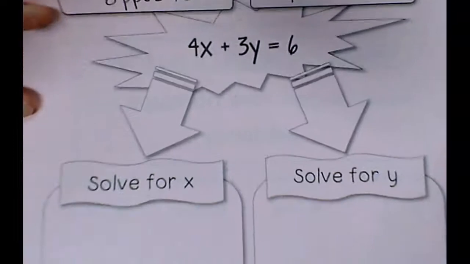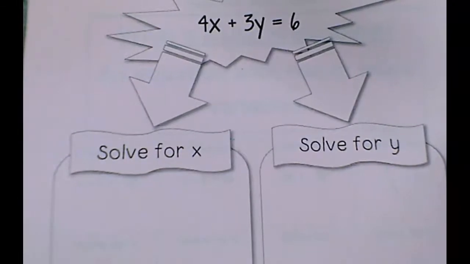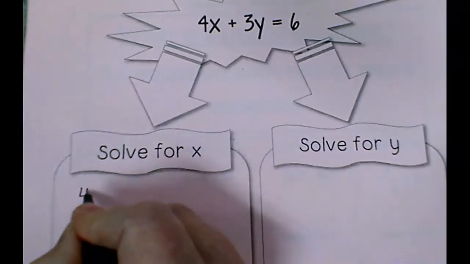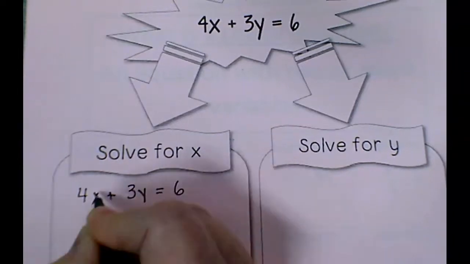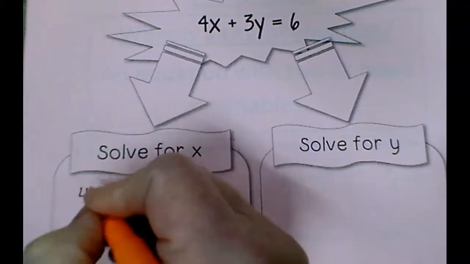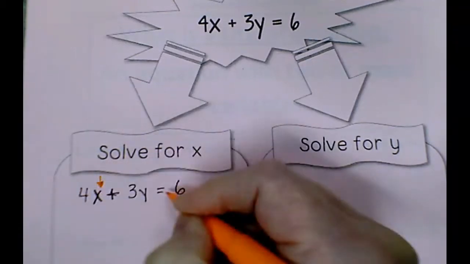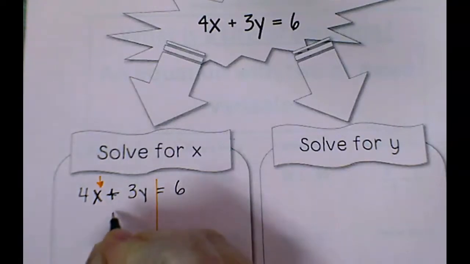Usually, we would solve an equation like this for y, but we're going to solve it this time. There are situations where you might need to solve this equation for x. That means we need x by itself.